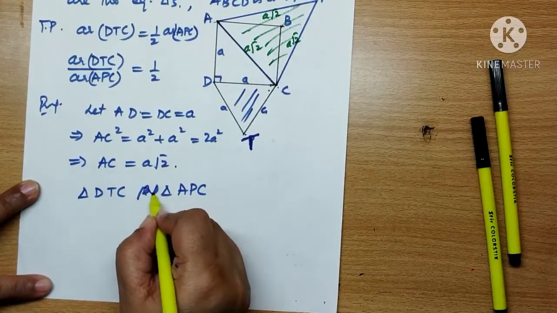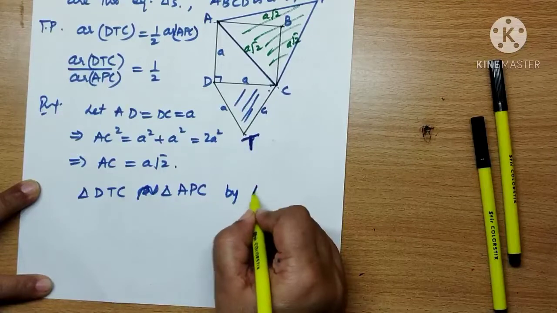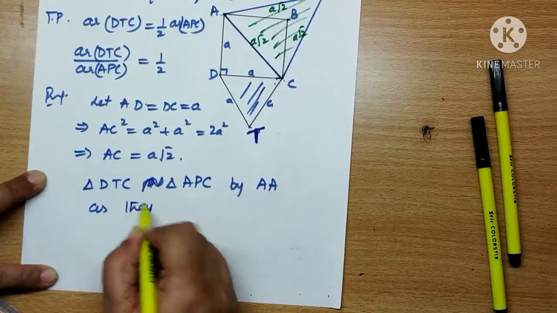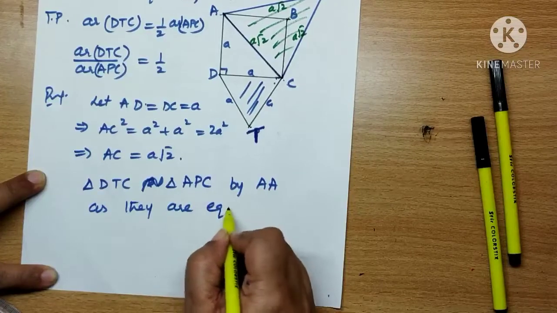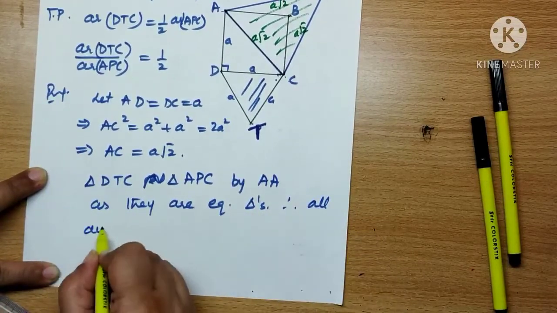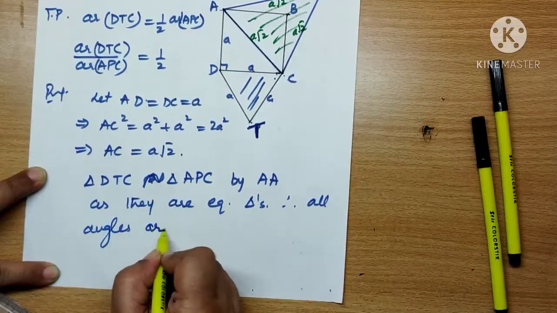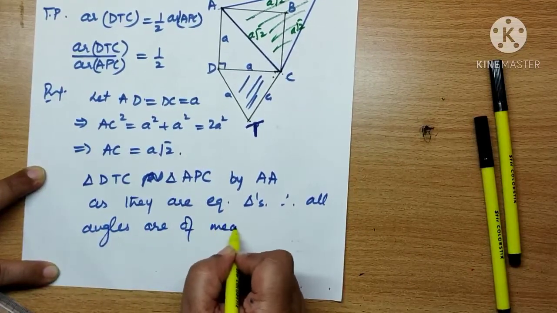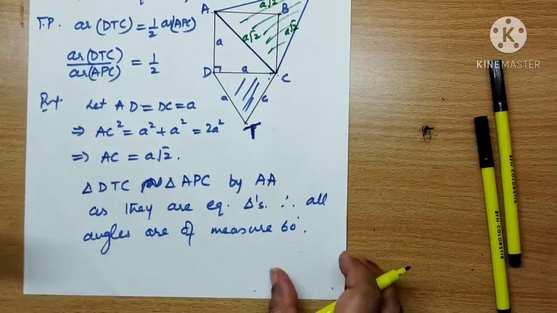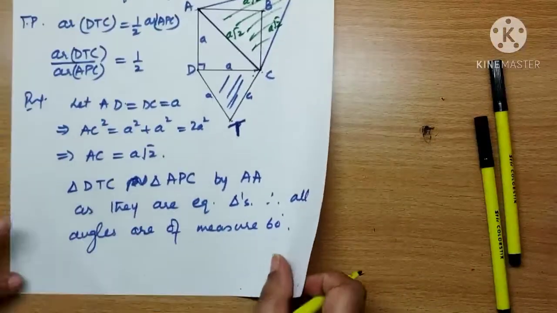Yes, they are similar by AA. Reason: as they are equilateral triangles, all angles are of measure 60 degrees. Therefore these triangles are similar.